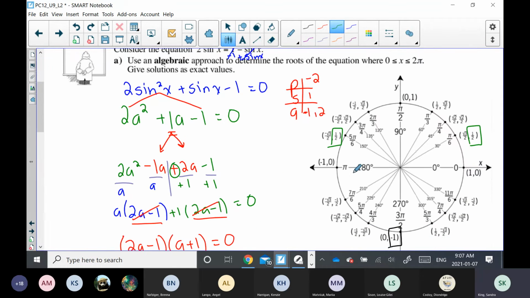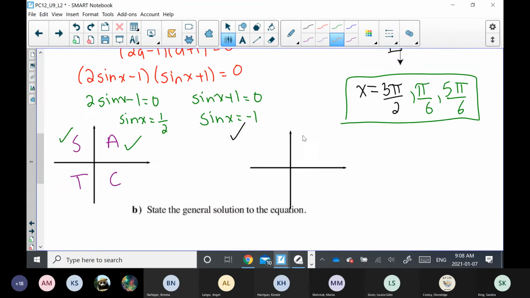So then again, they want the general solution. For general, I'm just making sure that it doesn't make a straight line. So that's obviously not a straight line, and this guy's the solution as well. None of these are straight lines. So if they're not straight lines, to write the general solution, you just take each solution, and every time I add 2 pi n, I'm going to get back to that solution.